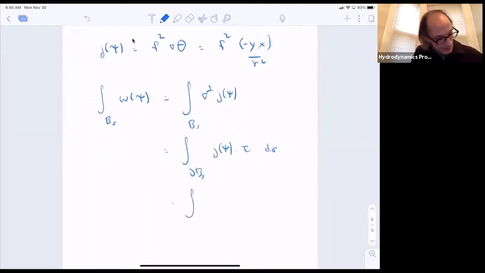And this is F squared of S times the gradient of theta dot the tangent over the boundary of the ball.